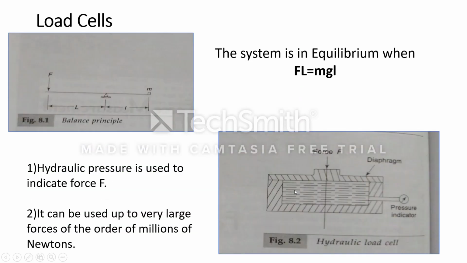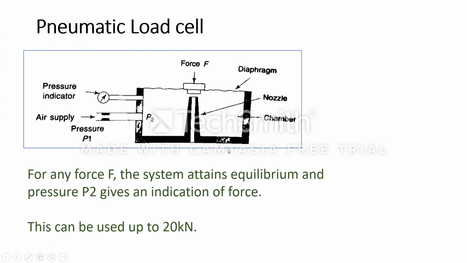From the bottom side there is a nozzle moving towards the upper side of the chamber, and there is a small gap between the top surface and the nozzle. Second, an orifice arrangement is present, and the pressure indicator is there to measure the force. The principle remains the same: pressure into area is the force.